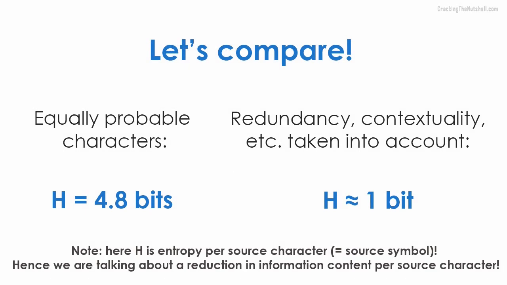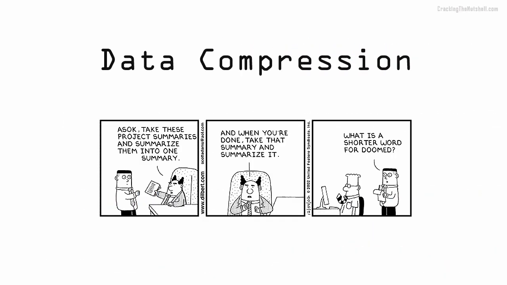So, if we compare these with the previous result of around 4.8 bits per character, we can see that the constraints imposed by factors such as redundancy have the overall effect of reducing the entropy. What this means is that finding the amount of redundancy in a language can help us find the minimum amount of information needed to encode a message. And of course, this leads us to the important concept of data compression.